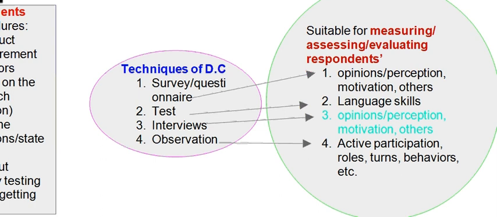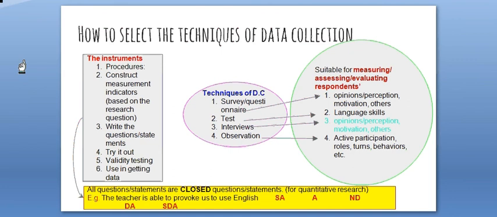Well, now what goes next? The next is we are talking about the instrument. After you decide to use which one of these techniques of data collection, then you have to construct the instrument.